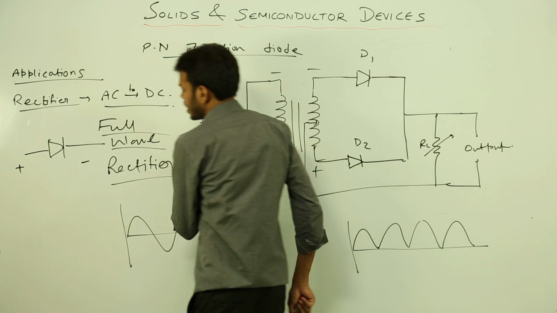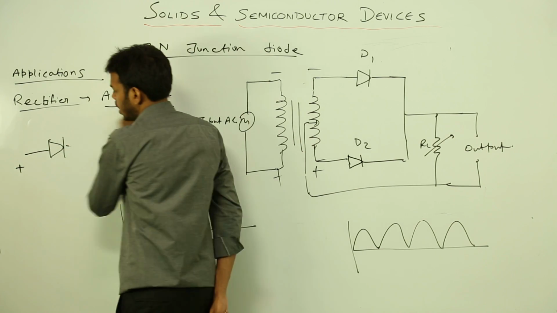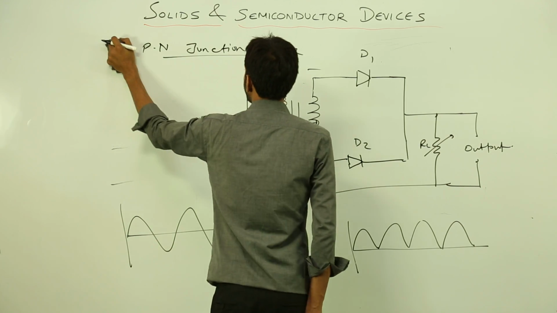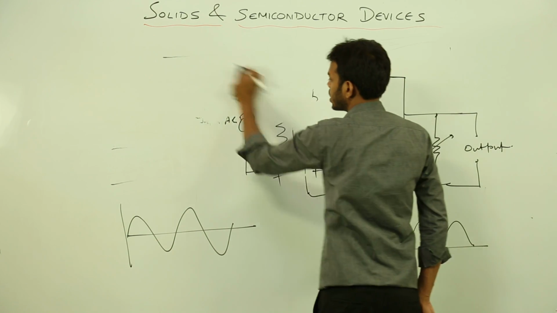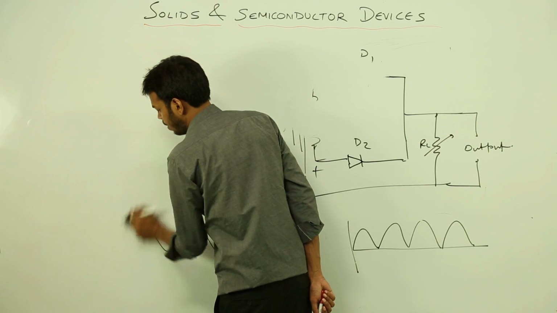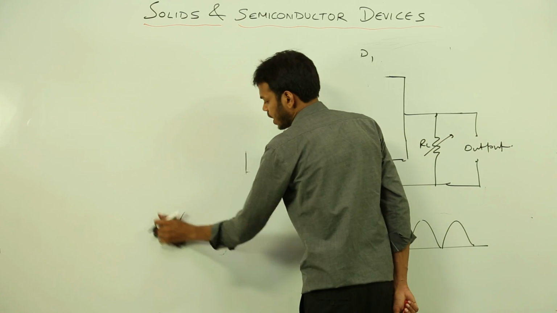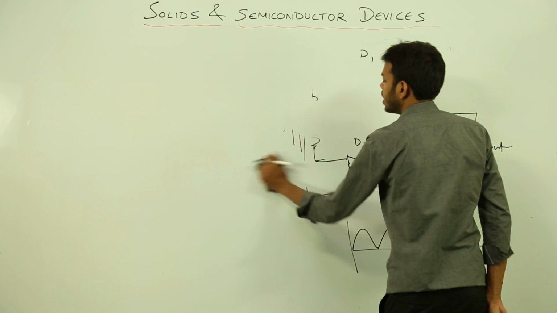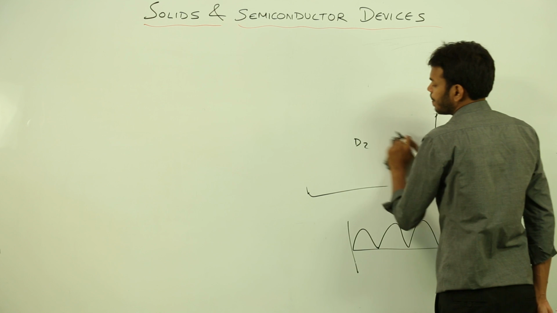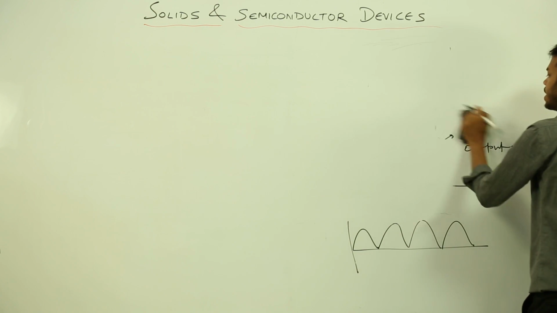Alright, so let's do a last question on diode, that is on biasing. Just in case, I want to be sure that you guys have clearly understood the concept of forward and reverse biasing of diode. See, in one statement, diode conducts easily when it is forward biased, diode does not conduct when it is reverse biased. Okay, what do we mean by forward biasing?